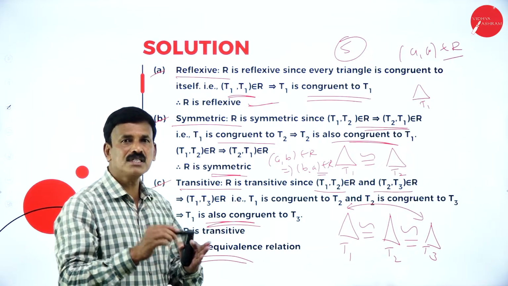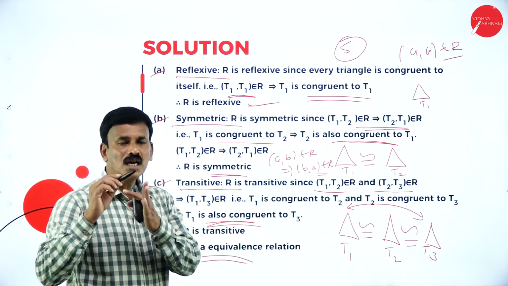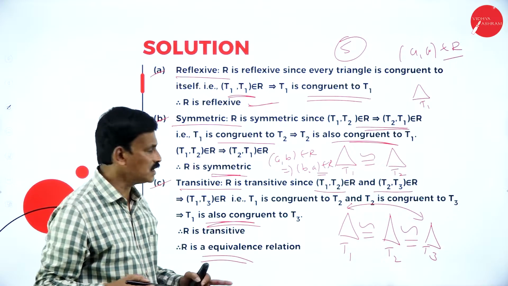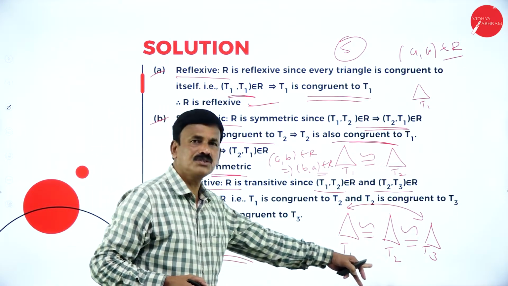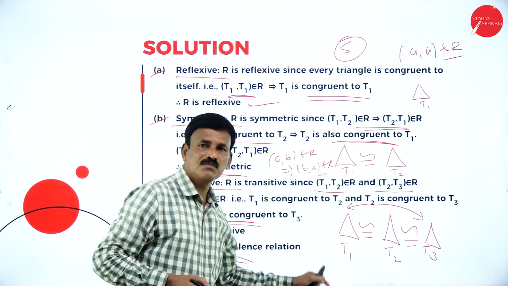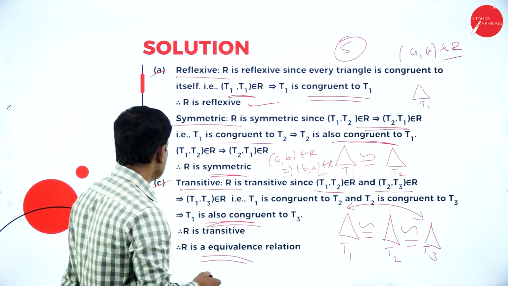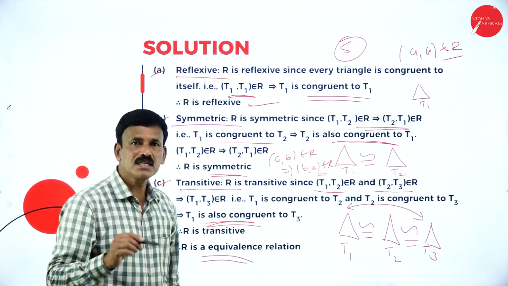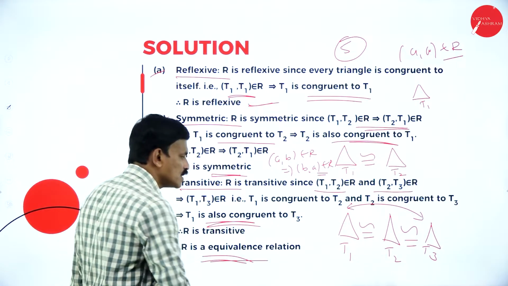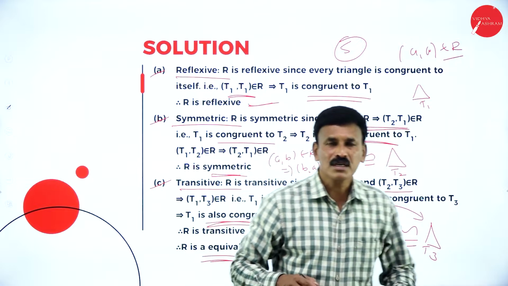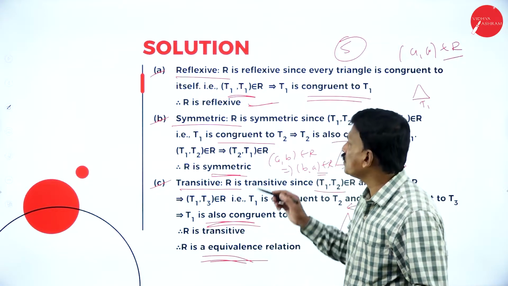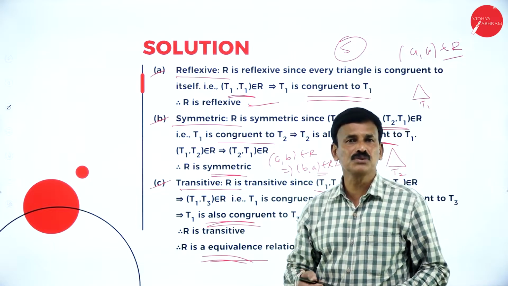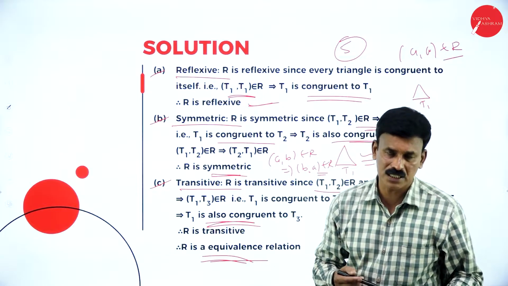If triangle T1 is congruent to triangle T2 and T2 is congruent to T3, then T1 is congruent to T3. So, T1 is congruent to T2, T2 is congruent to T3 implies T1 is also congruent to T3. Therefore, R is transitive. Hence, R is reflexive, symmetric, transitive. Therefore, R is an equivalence relation. So, that means on the set of triangles, the relation defined by 'is congruent to' is an equivalence relation.